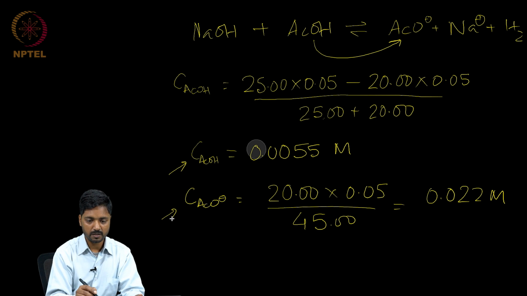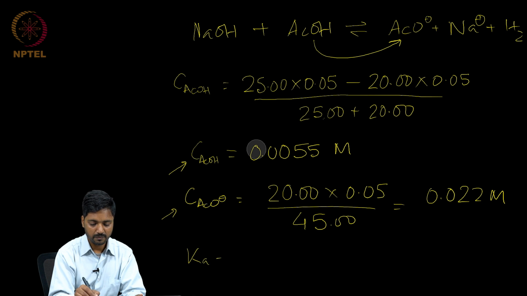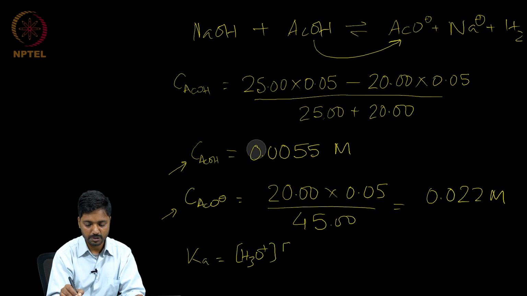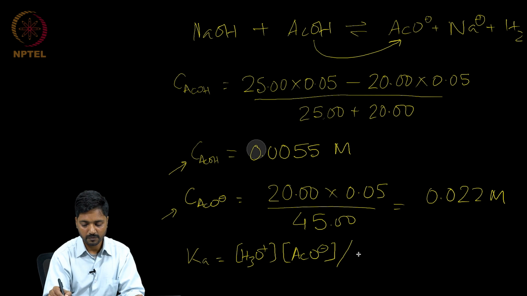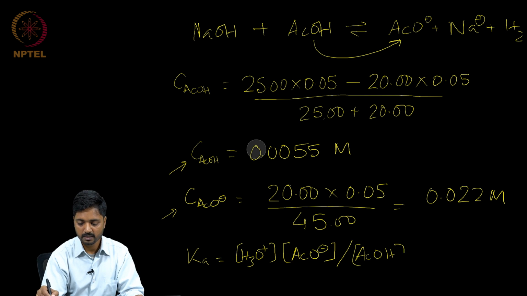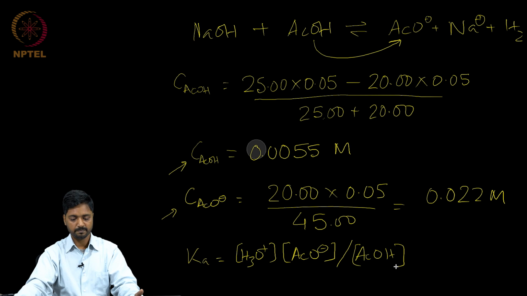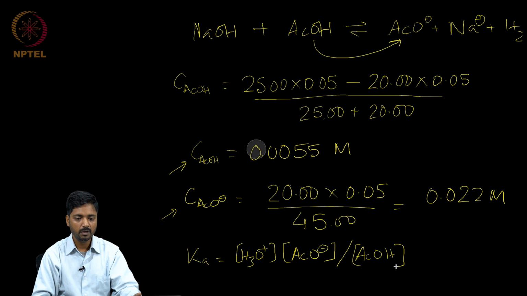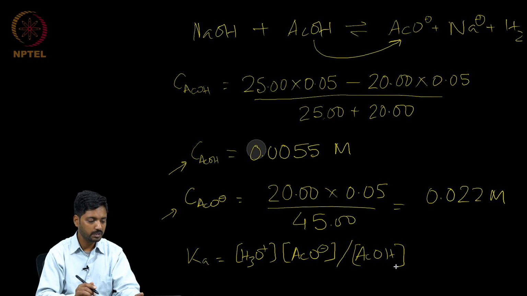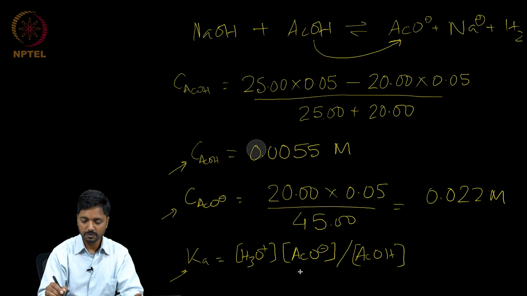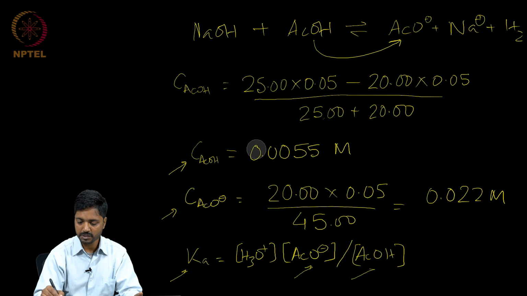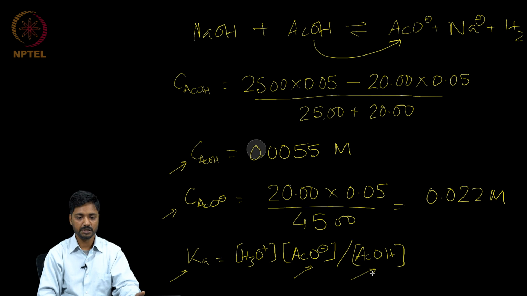With the undissociated acetic acid and the acetate ion concentrations available to us, we will plug these into our equation of Ka, which is the hydronium ion concentration times the acetate ion concentration divided by the undissociated acetic acid concentration. We know the Ka value, the acetate ion concentration and the acetic acid concentration.